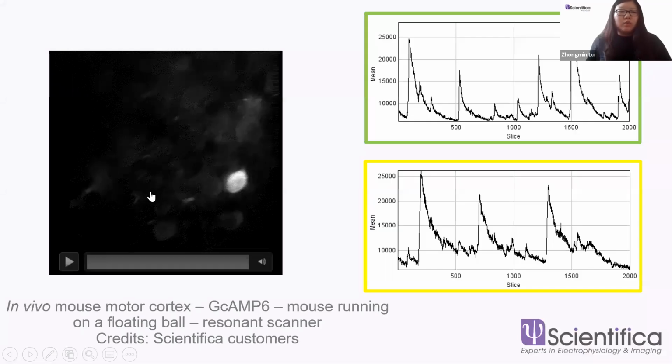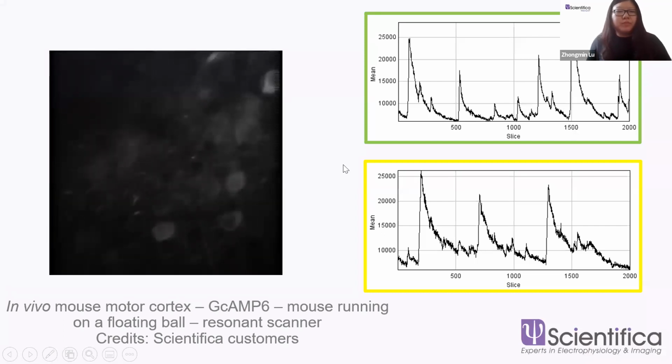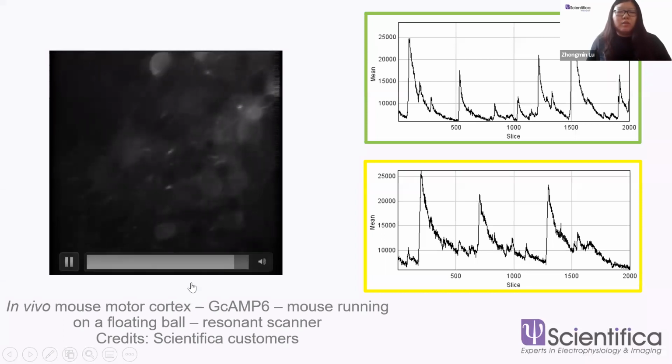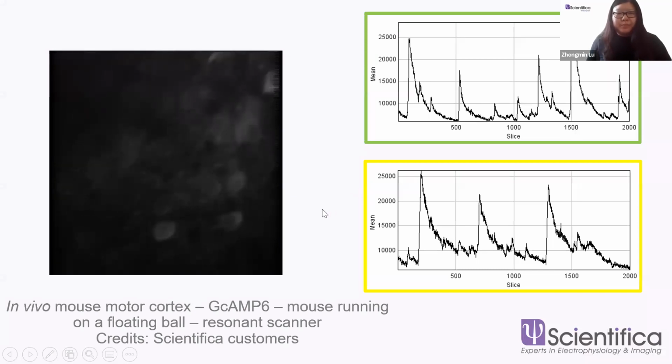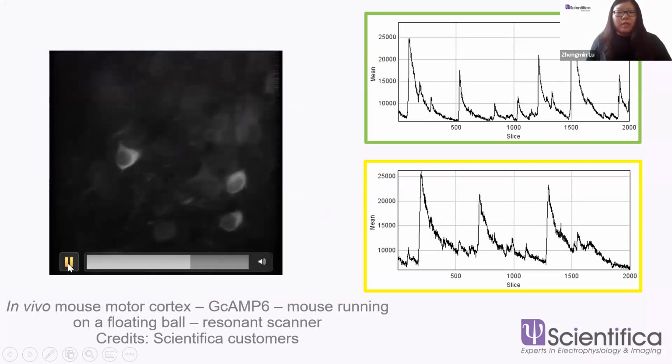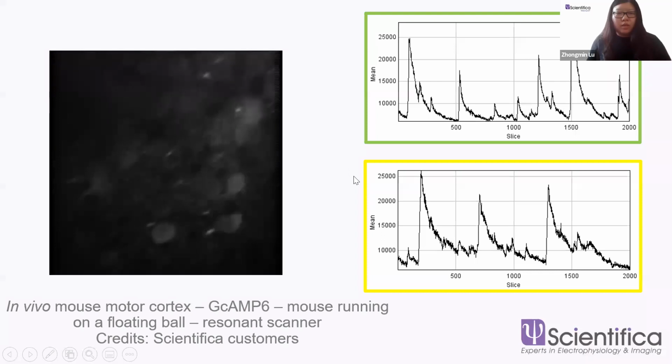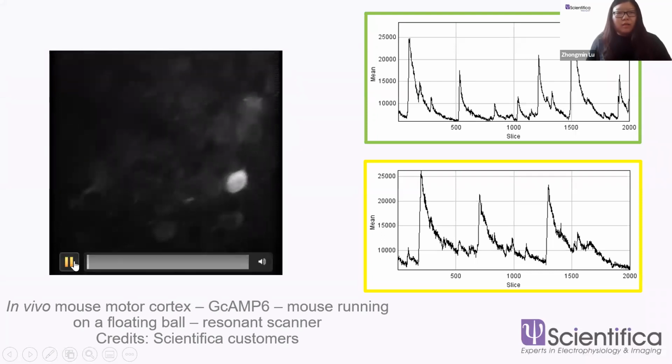Here I want to give you some really nice examples from our customers. One is in vivo mouse motor cortex imaging. This mouse is running on a floating board, and with the resonant scanner working, you can see this raw data has almost no motion artifacts.